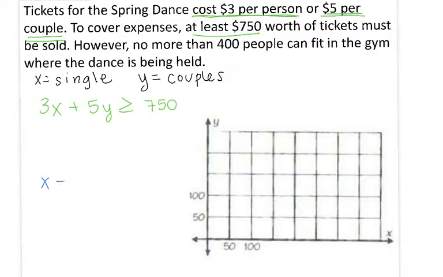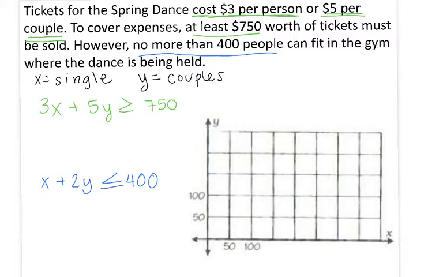So it's going to be x plus 2y, and there can't be any more than 400 people. If it is going to be no more than 400 people, then the number of people needs to be less than or equal to 400.